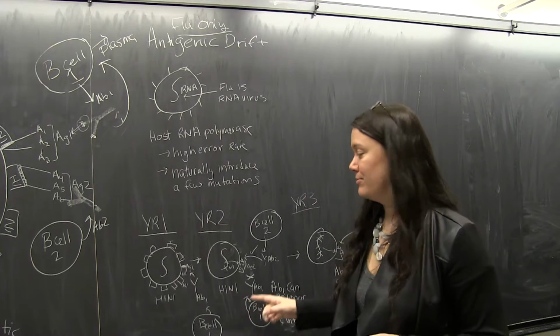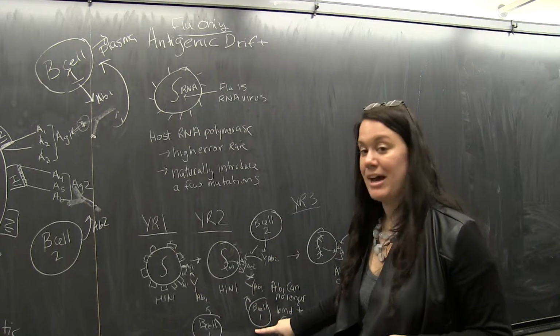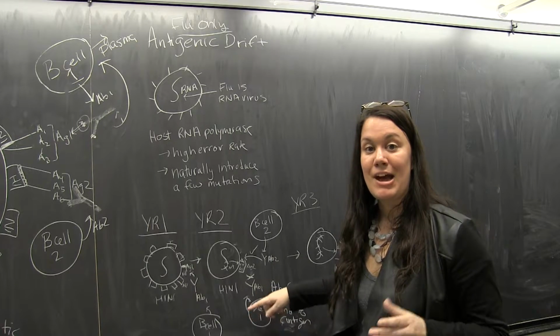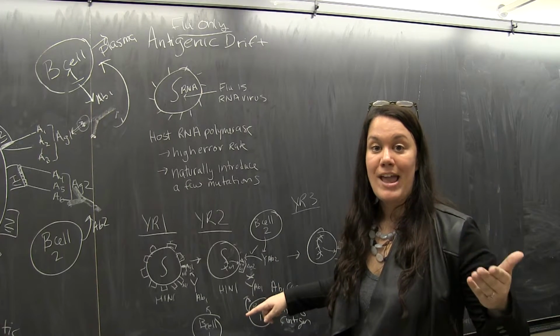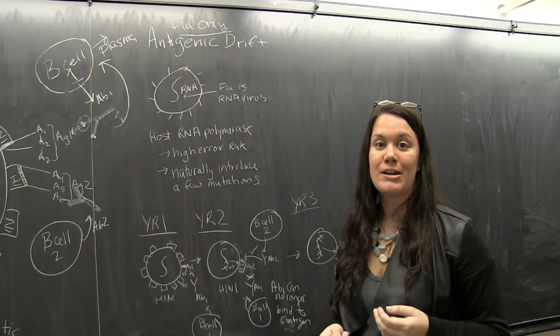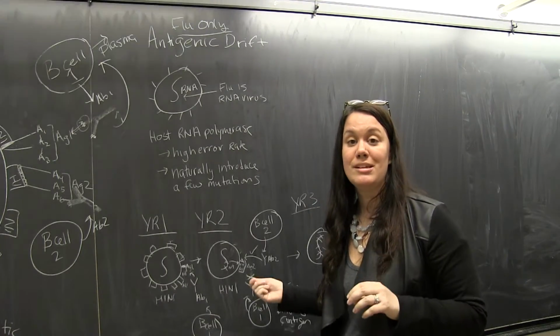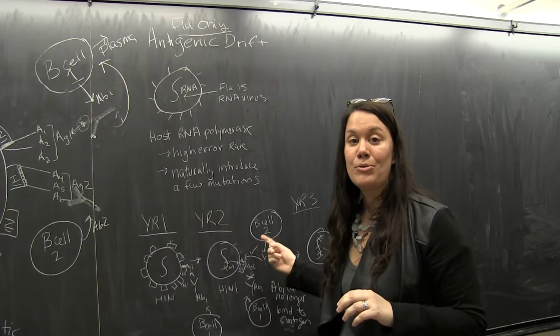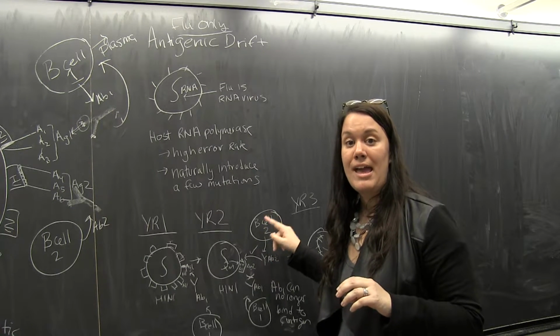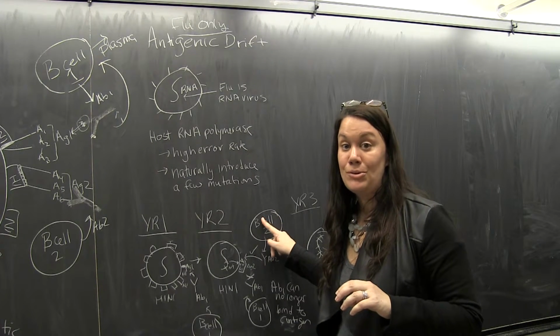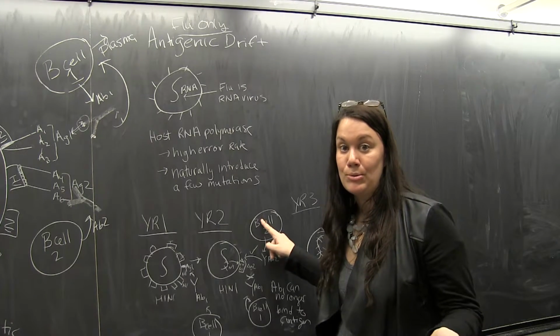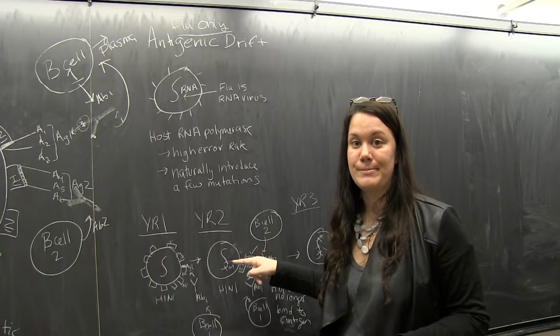It's different enough that our original antibody, down here if you can see, our B cell 1 and our antibody 1 are no longer going to be able to recognize and bind or attach to this antigen. So now we need a whole new B cell 2, to make antibody 2 to recognize this new antigen.